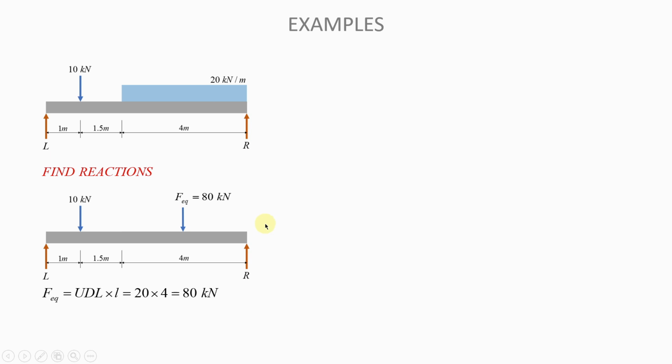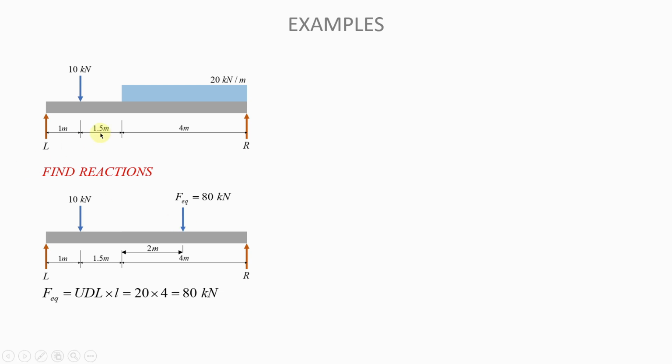If you think of it carefully, it will be 2 meters from this point, because the middle of that length is 2 meters from here. So if you measure from here to where the equivalent force must act, it must give you 2 meters, because this whole length is 4 meters.